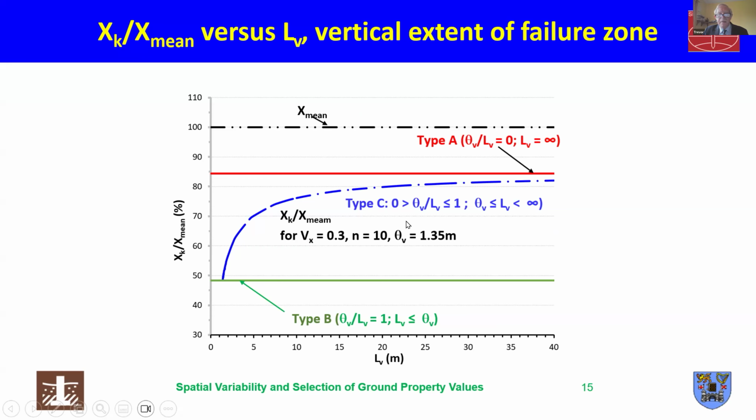Type B is when Lv is equal to or less than the scale of fluctuation, theta v, and you get this line down here, the lower limit. And between them, you've got type C.